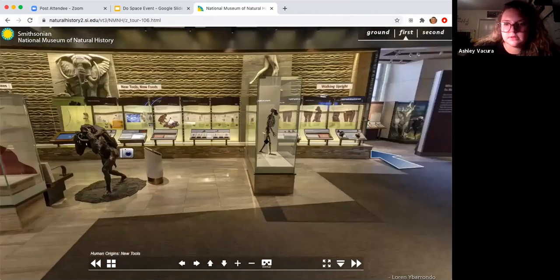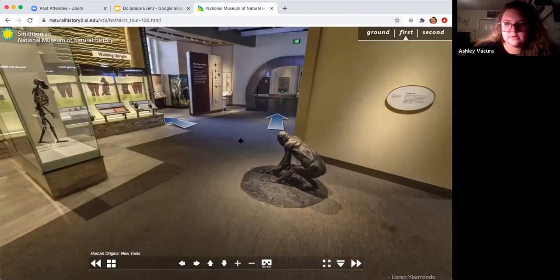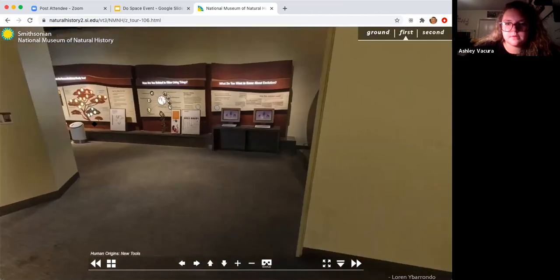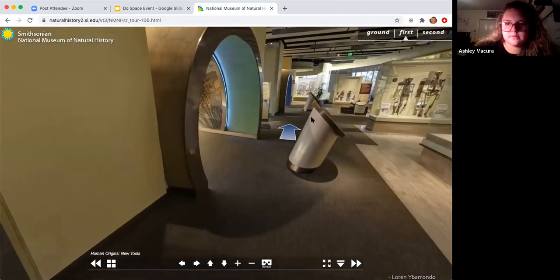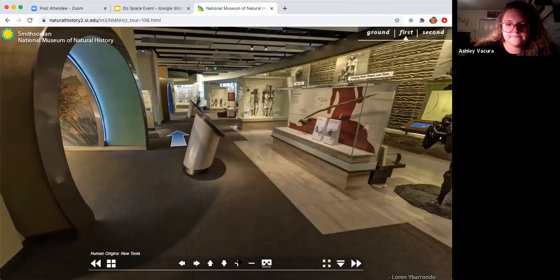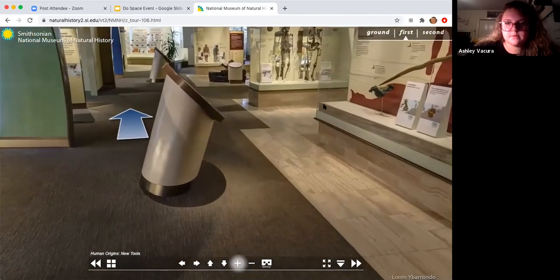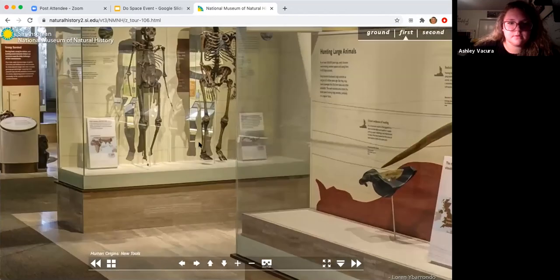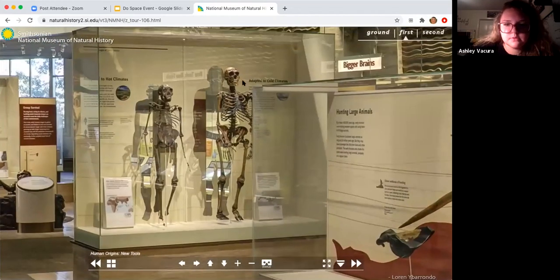Looks like more skeletons here. So yeah, here's two human skeletons too.